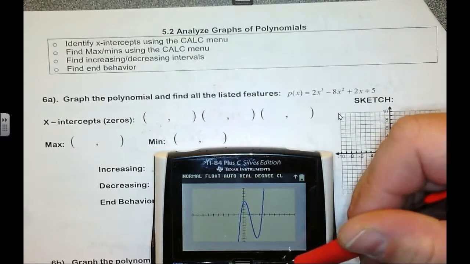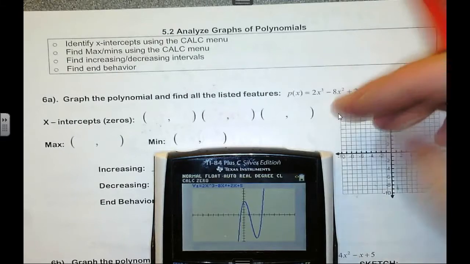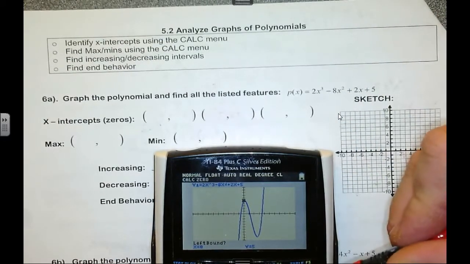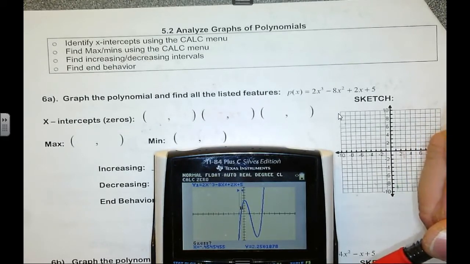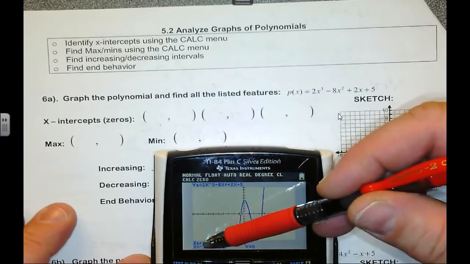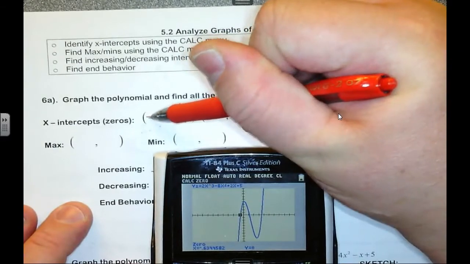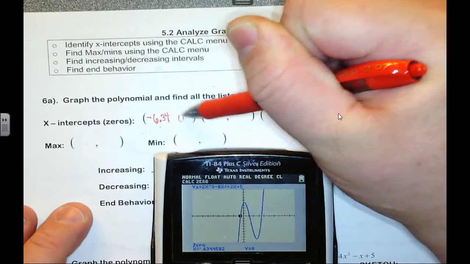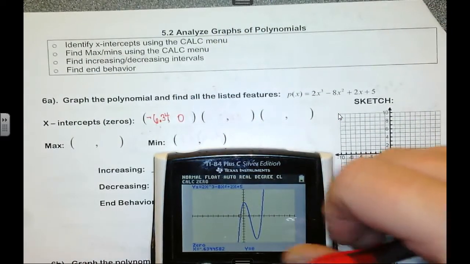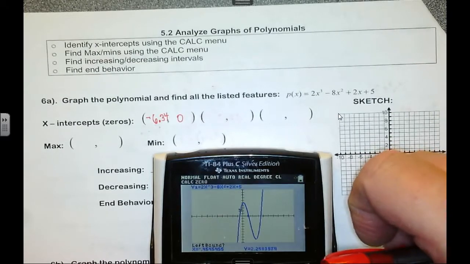So I'm going to second trace. First zero, hit enter. Left bound, my cursor to the left, enter. Cursor to the right, enter. My first zero is negative 6.34, comma 0. Second zero, second trace zero.